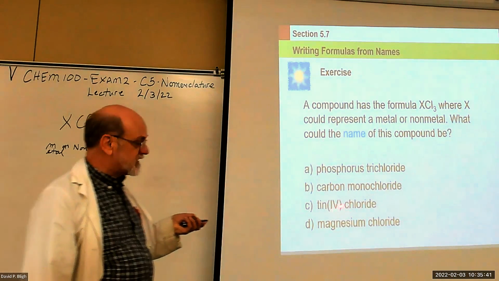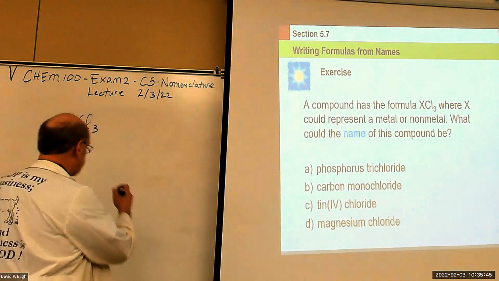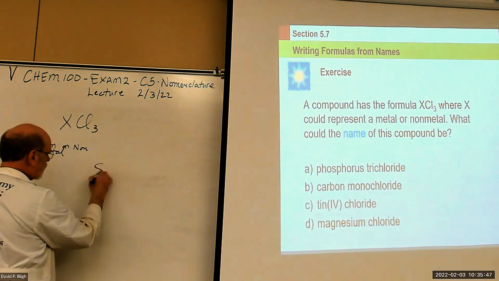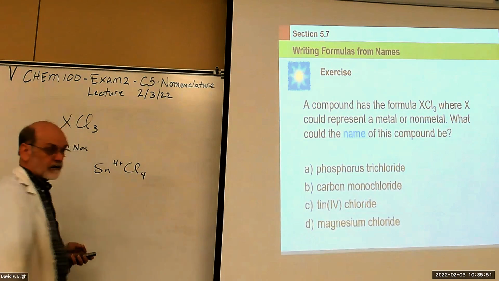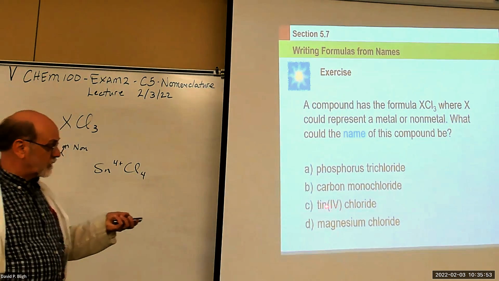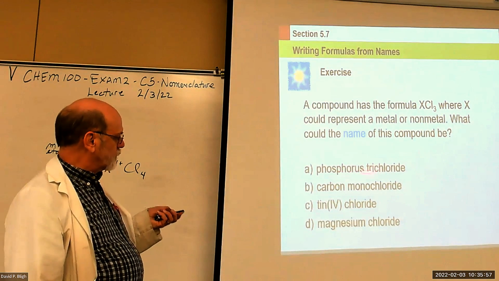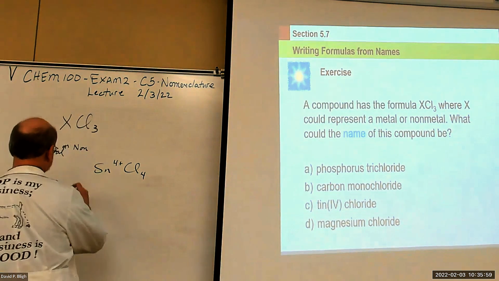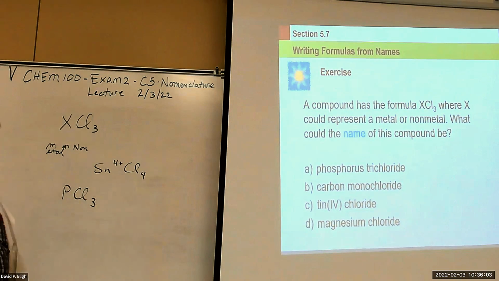Well, could it be tin(IV) chloride? If it was tin(IV) chloride, then we'd have to have a 4 there, right? So we eliminate C also. How about this one? Phosphorus trichloride. That could be.